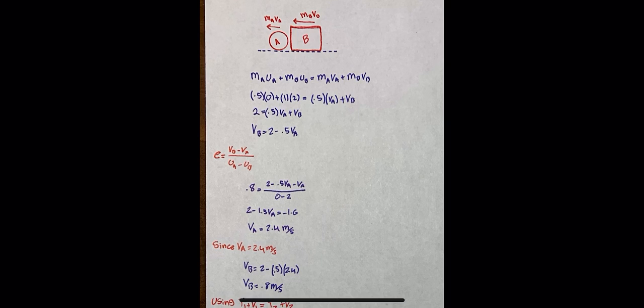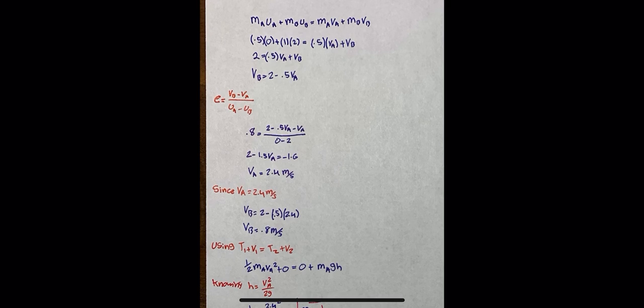We can solve for the velocity of B, which is 2 minus 0.5 VA, velocity of A. And we know that E is equal to the velocity of B minus velocity of A over the velocity of A minus the velocity of B. So we can plug in our knowns here and solve for VA, which would give us 2.4 meters per second.